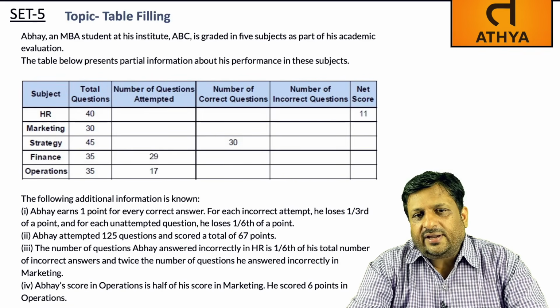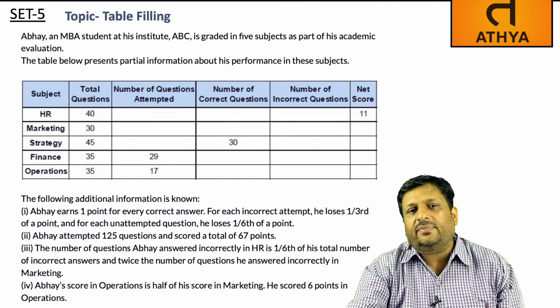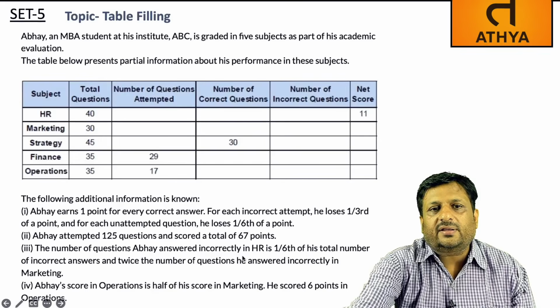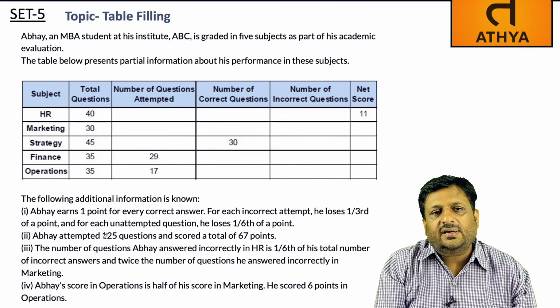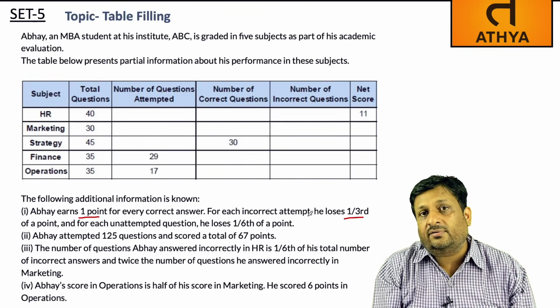For every incorrect answer, he loses 1/3 points, and for every unattempted question also, he has a negative marking, and negative marking is 1/6.